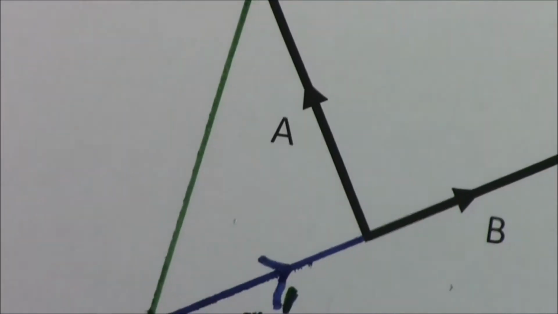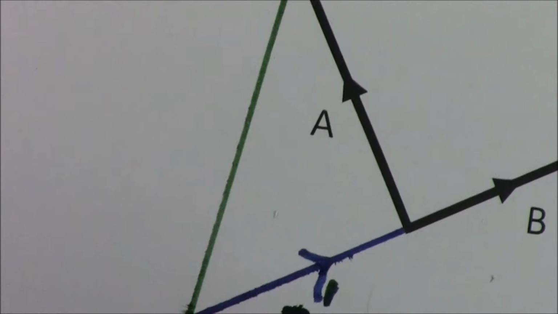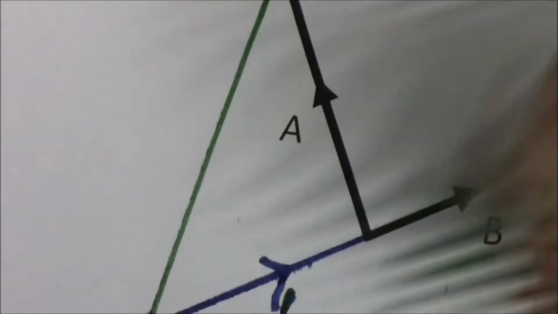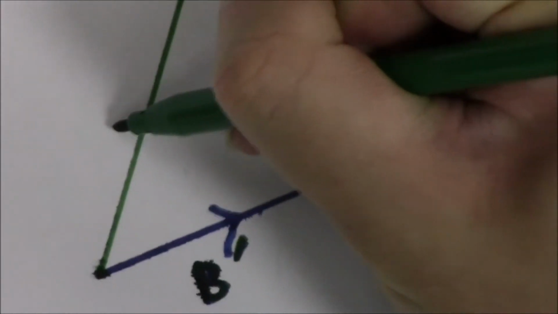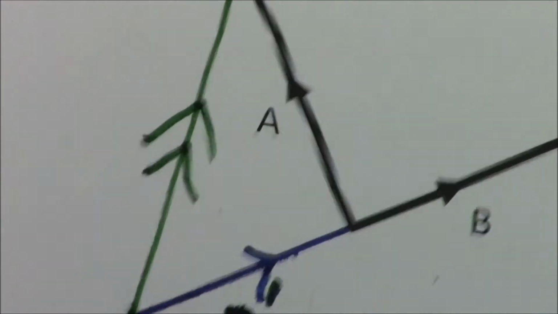Again, the shortcut is from the starting point of B prime to the ending point of A. So the direction of the resultant will be this way, as indicated by the double arrow.